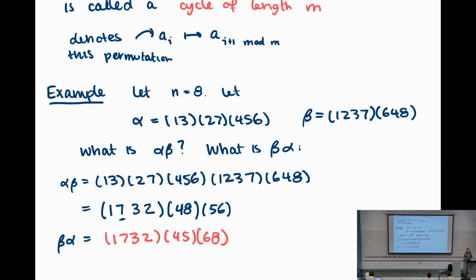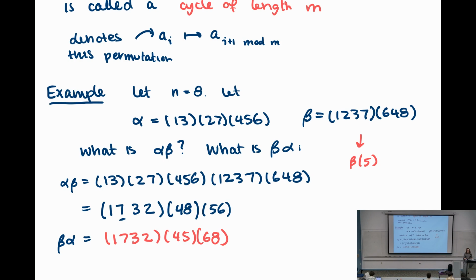But if 6 is ultimately getting sent to 5, because 4 was sent to 5 first, that's where I'm getting confused. Okay, so maybe let's break this up. What is beta of 5?